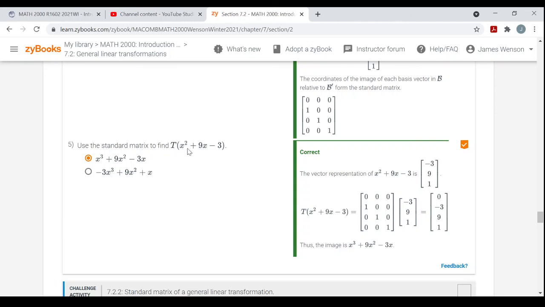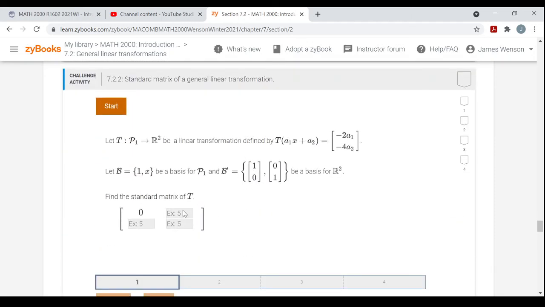So again, I know it's maybe not super intuitive yet, or why we're doing this isn't apparently obvious, because you can just plug the input in and get the output. But I'm going to tell you one more time, being able to write your inputs, your outputs, and the columns of these matrices, being able to express things as coordinates relative to some basis is going to be very important.